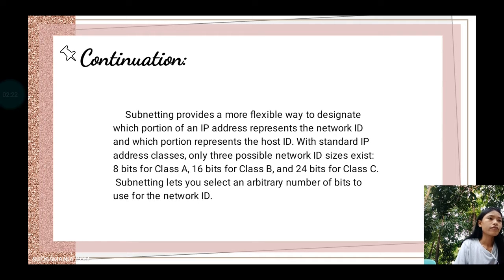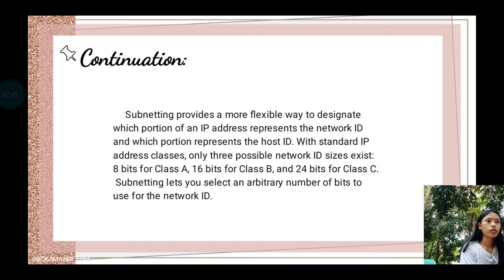If the internet were limited to Class A, B, or C addresses, every network would be allocated 254 or 64,000 or 16 million IP addresses for host devices.